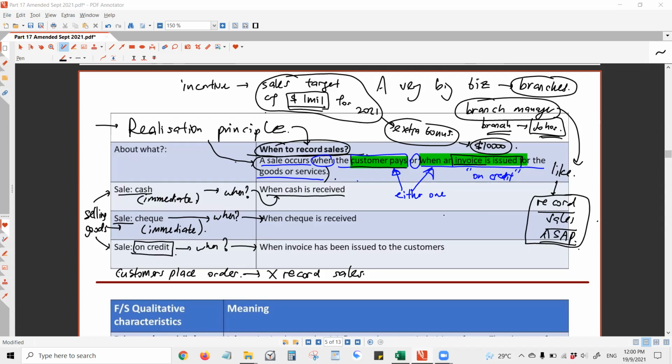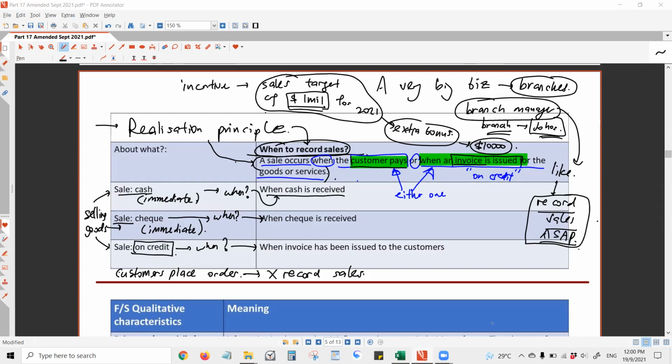I think you are asking why it cannot be sales in cash or check only. There are many customers, right? Customers who can pay you immediately, and customers who would like to buy on credit.